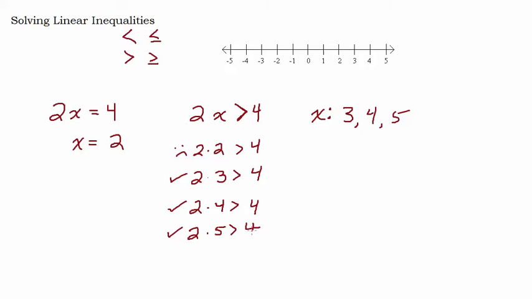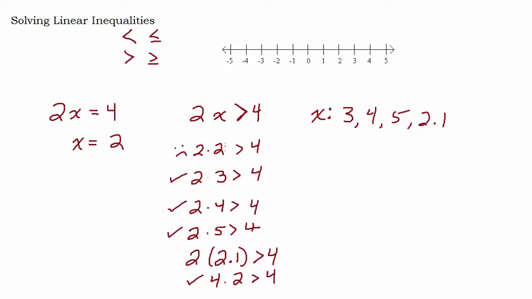But we haven't talked about decimals, right? There are decimal numbers that will work as well. So let's say we said x was 2.1. 2 times 2.1, is that bigger than 4? Let's see, 2 times 2.1 is 4.2, which is bigger than 4. So x could also be 2.1.